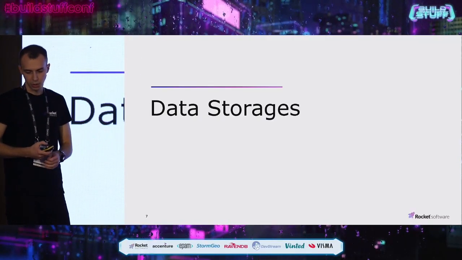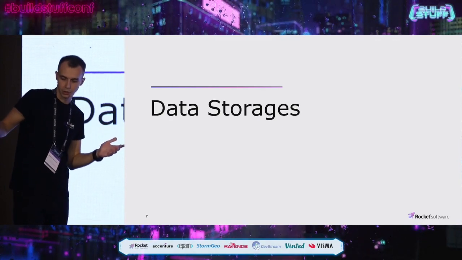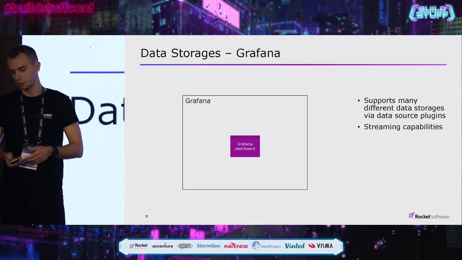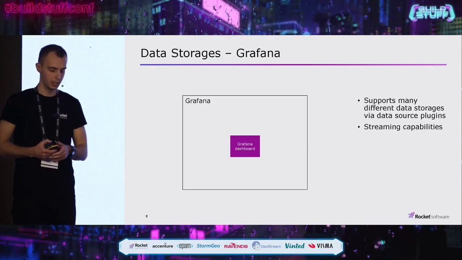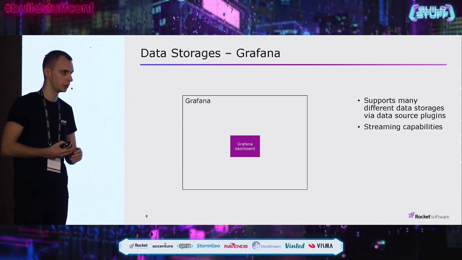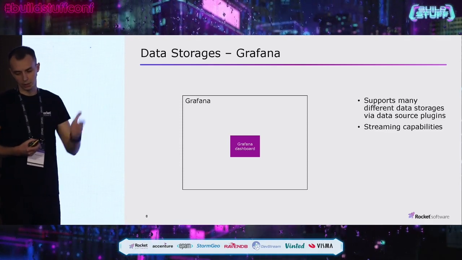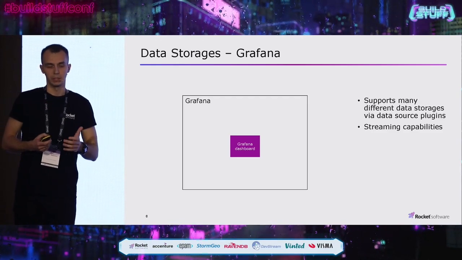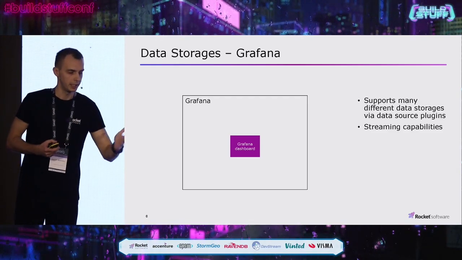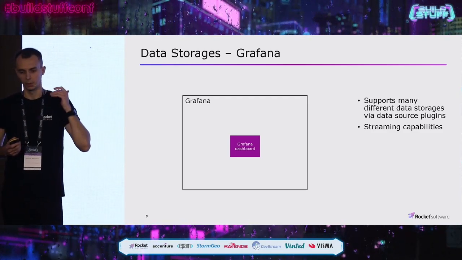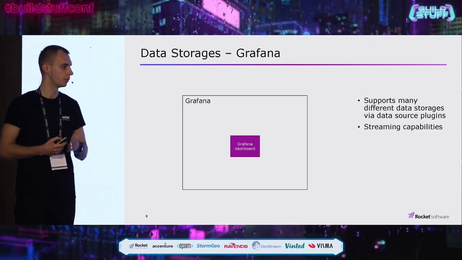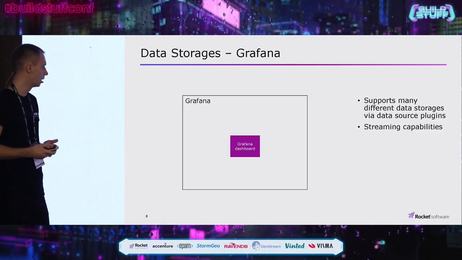And let's now talk about the supported data storage types for these tools. Grafana supports many different data storages via data source plugins, and this plugin queries data storages and then converts the response into a format that's understandable by Grafana.